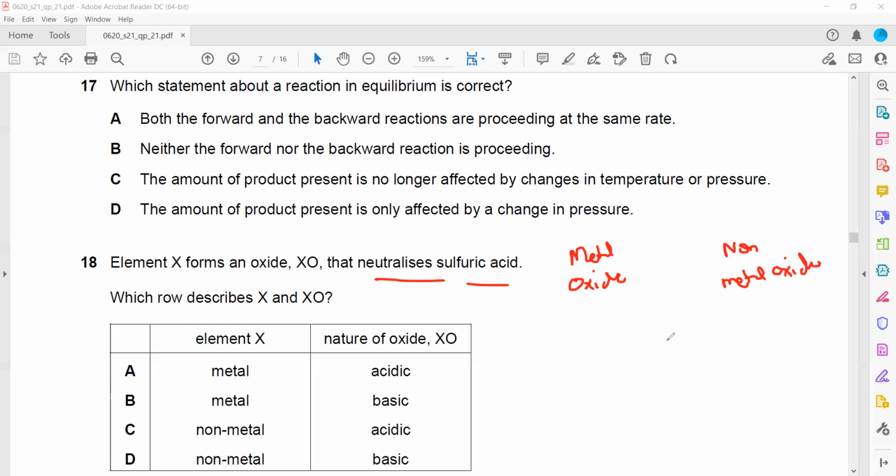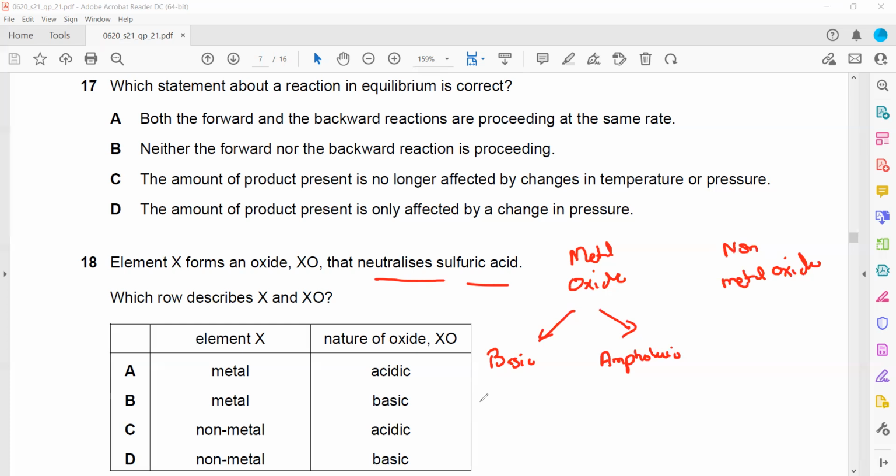If a metal is combined with oxygen, then there are two possibilities. It might form a basic oxide, or it might form an amphoteric oxide. What is the difference between basic and amphoteric oxide?